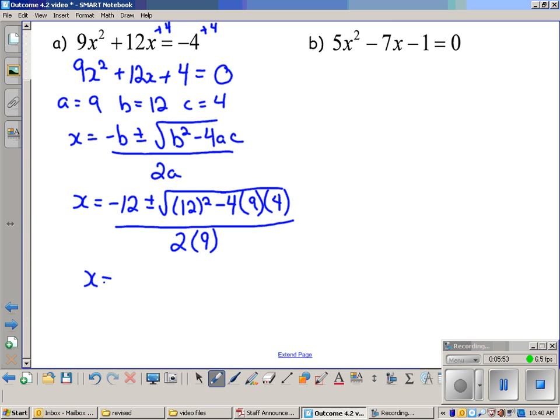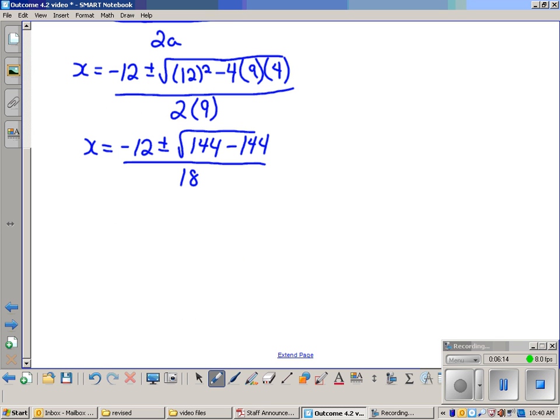Simplifying, x equals negative 12 plus or minus, under our square root sign, 12 squared is 144. 4 times 9 times 4 becomes minus 144. All over 2 times 9, or 18. This will simplify more. Root 144 minus 144 is the square root of 0, or just 0.